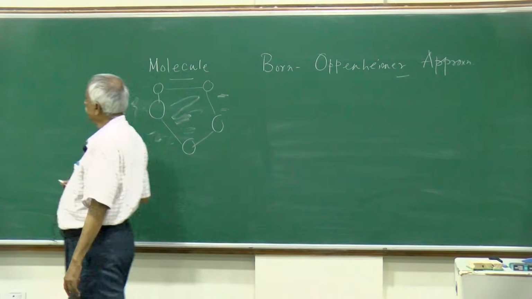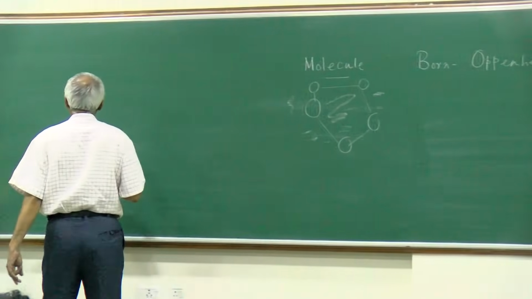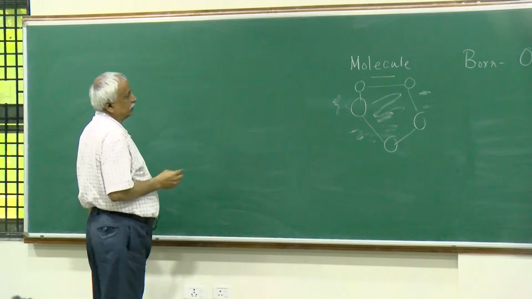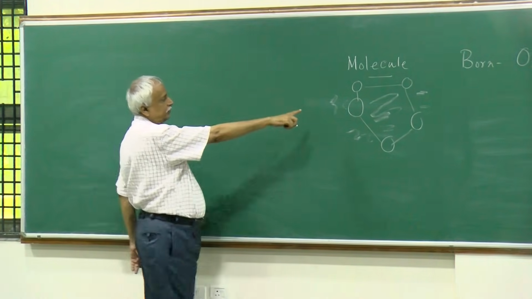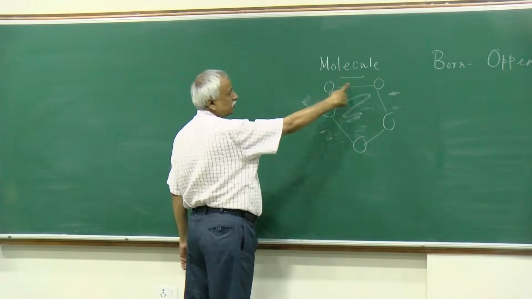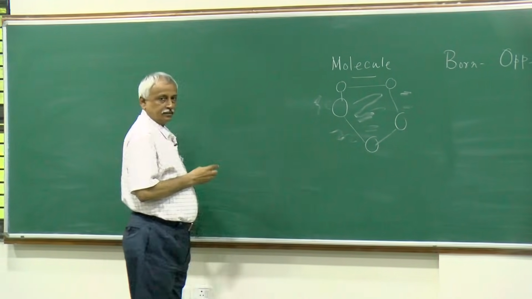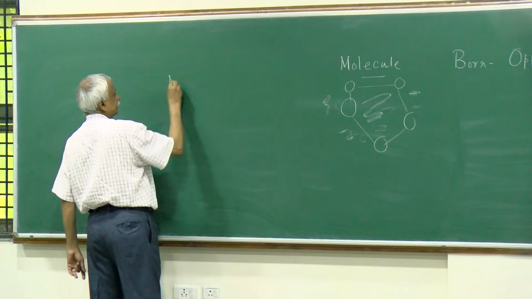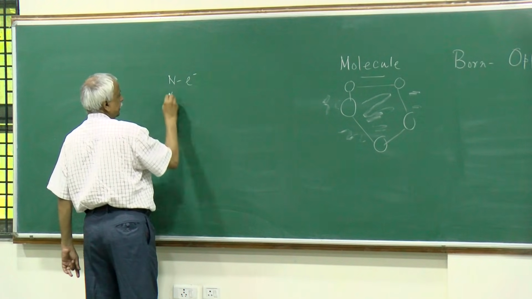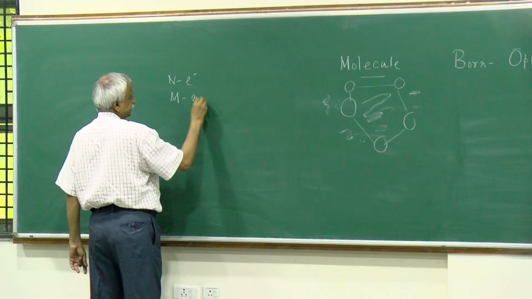Now, before that, if I want to think about the coordinates, let's say there are n electrons and m nuclei.